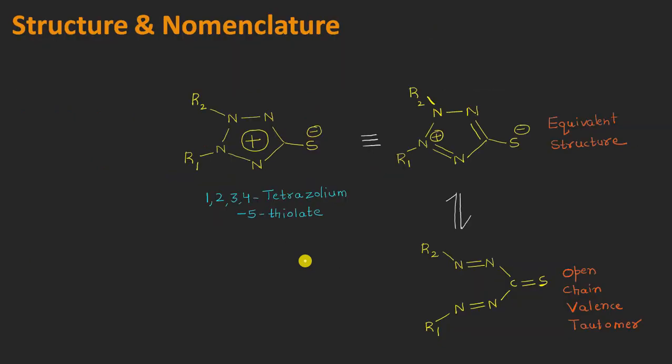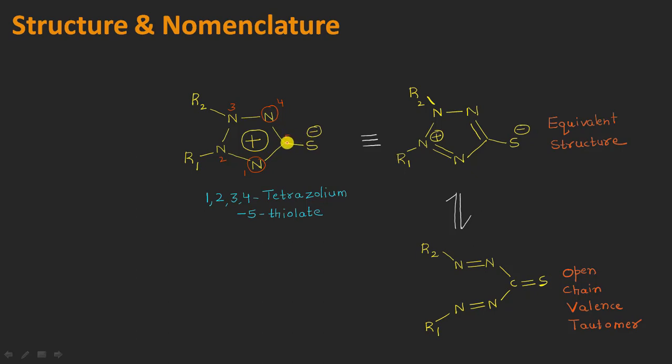So before starting, let us have a look at the nomenclature of this molecule. Being symmetrical, we can start from any of these two nitrogen atoms, I mean this one here or this one here. So let us say we are starting the numbering from this nitrogen atom. So it will be 1 here followed by 2, 3, 4 will come to this nitrogen and then this carbon to which sulfur negative is attached.